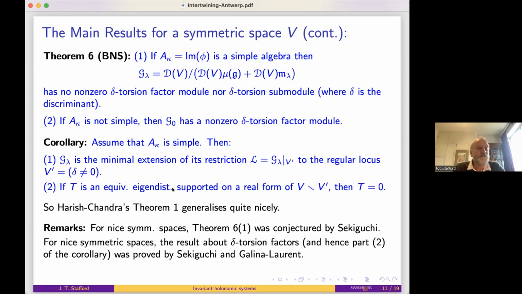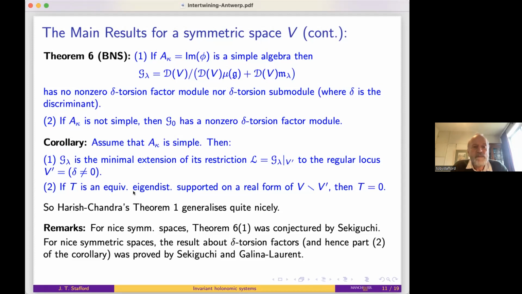In his example, that would be something fitting into case 2. And in fact, it would be a situation where the A kappa had a finite dimensional, one-dimensional simple module. So that's seeing that the structure of the Cherednik algebra really is influential in the structure of these distributions.